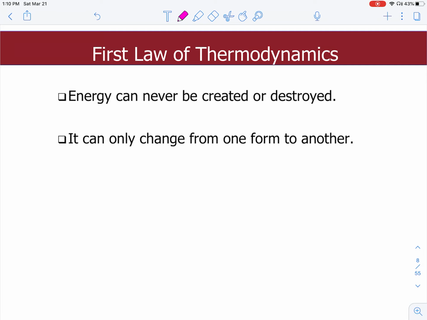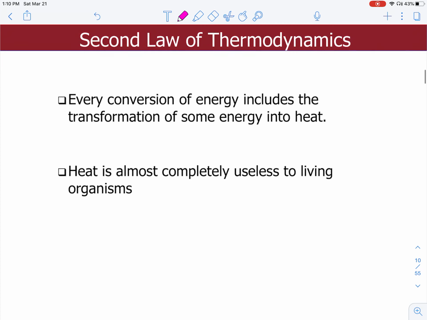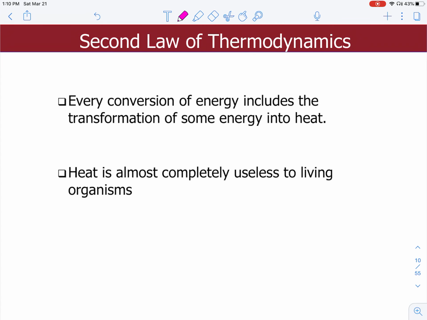The first one being that we cannot make energy. The amount of energy in the universe is fixed. The only thing we can do is change it from one form to another. The second law of thermodynamics says that every time we do one of these transformations, we're going to lose some of that energy, at least in terms of workable energy.